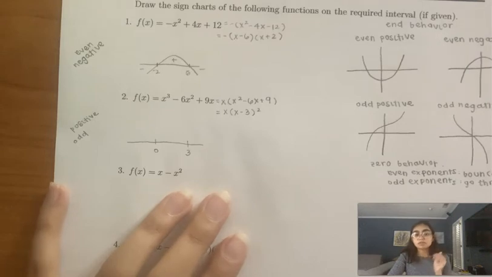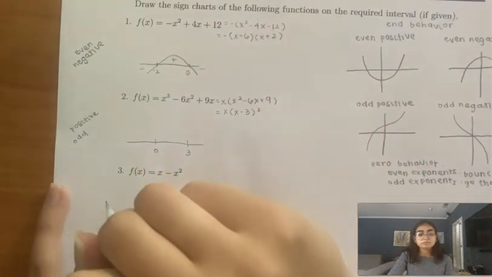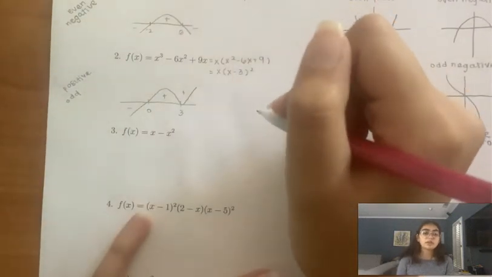Since x minus 3 is squared and 2 is an even exponent, the function is going to bounce at 3. So our function for our sign chart is basically going to look something like that. And then we're going to mark where the function is negative and positive. And that's the answer.